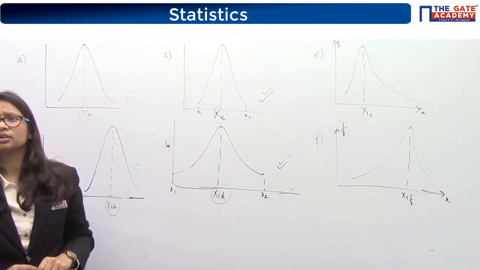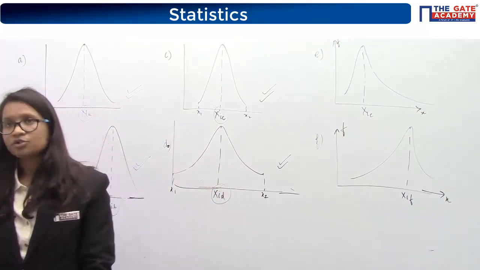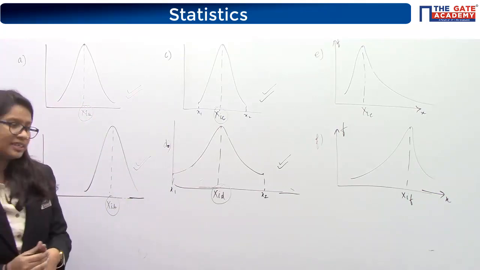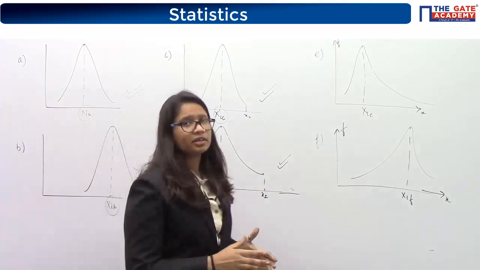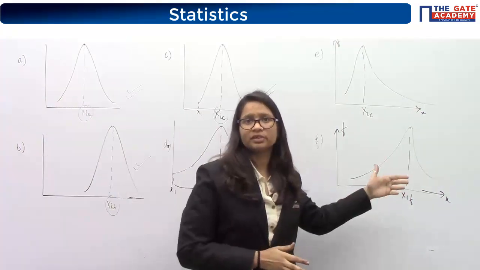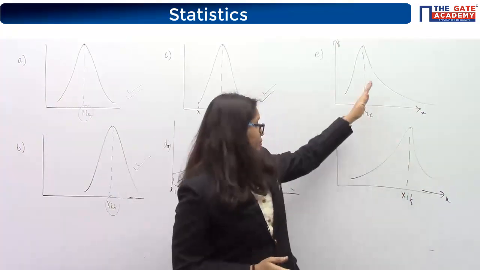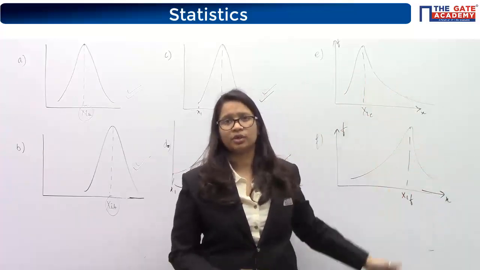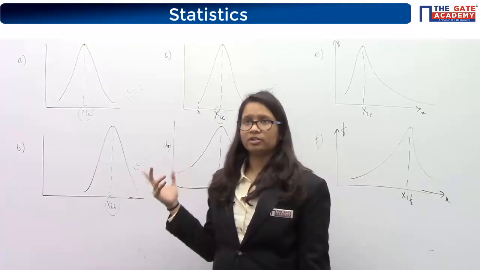Any other doubts? We will write all these things in the coming class. Skewness basically means inclined. Skewed means inclined. So this graph is inclined towards the left side, towards the right side. So we can say that this graph is skewed, while these all are not skewed.